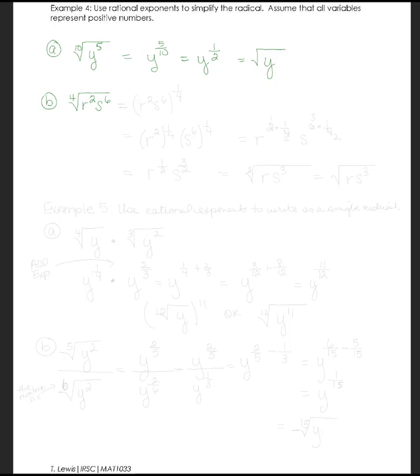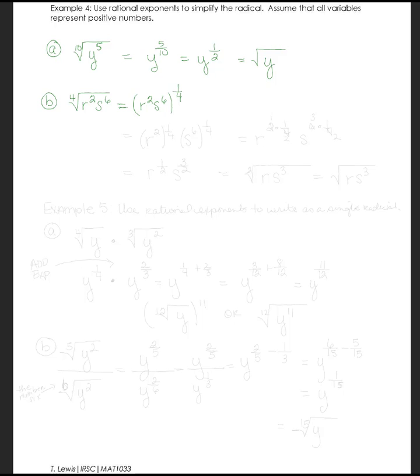Now, how would we write this out as a rational exponent? What is our base? R squared s to the 6th, all raised to the 1/4.